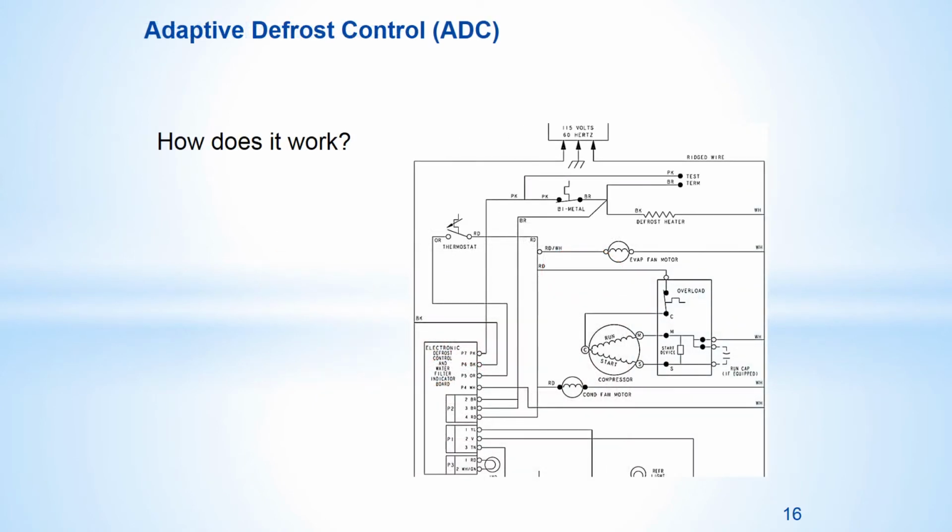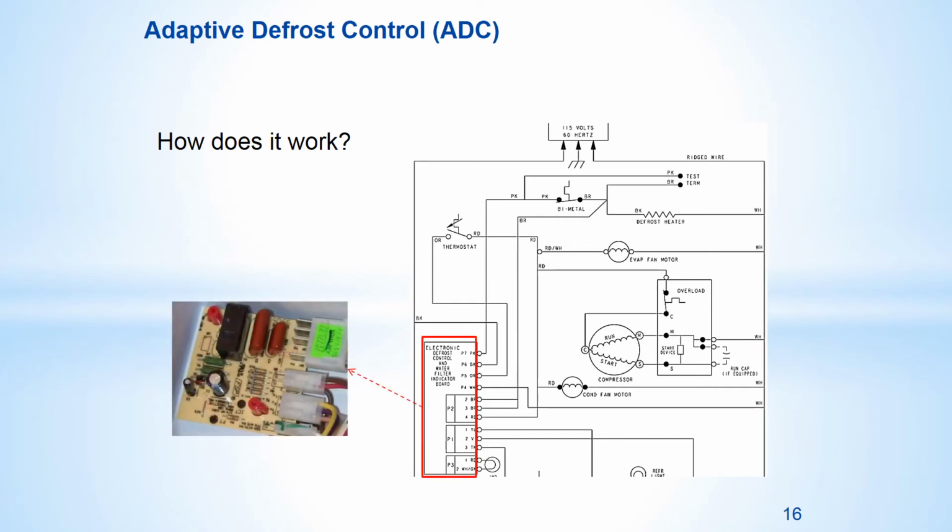A step up in efficiency from the electromechanical defrost timer is the adaptive defrost control. The adaptive defrost control uses several inputs to adjust the frequency and length of the defrost cycle: how long it takes for the defrost bimetal to open on the prior defrost, and the runtime of the compressor.